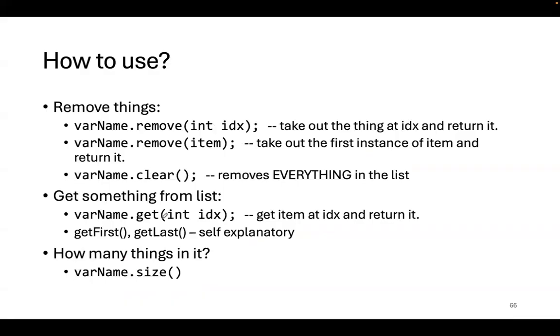To remove things, you can use .remove. There are 2 options. One of them, if you want to give it the index, takes out the thing at that index and removes it. The other option is to go through the list, find the first instance of some item and remove it. This gets tricky when the stuff in your list is integers, because if I ask to remove 2, what am I asking?